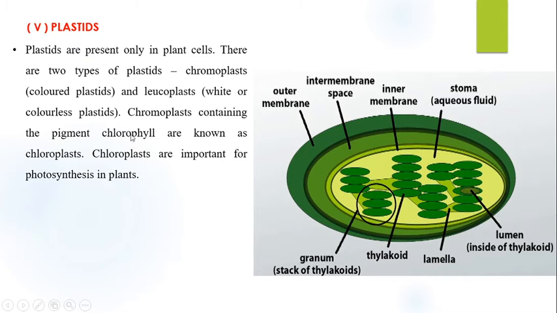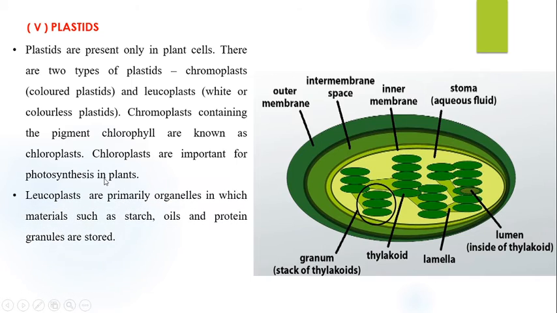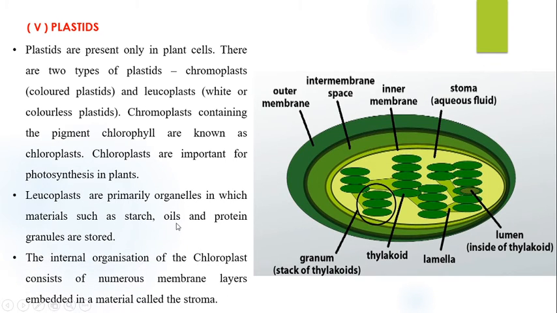So chromoplasts containing the pigment chlorophyll are known as chloroplasts. Chloroplasts are important for photosynthesis in the plant. Now the leucoplasts are the primary organelles in which materials such as starch, oil and protein granules are stored. So in the plant, leucoplasts perform the storage of food.